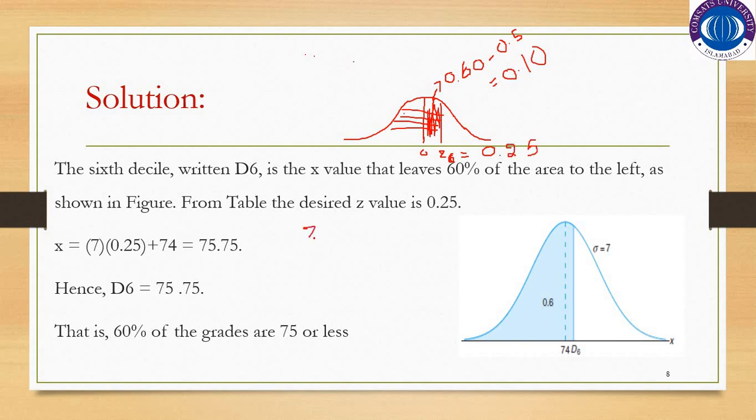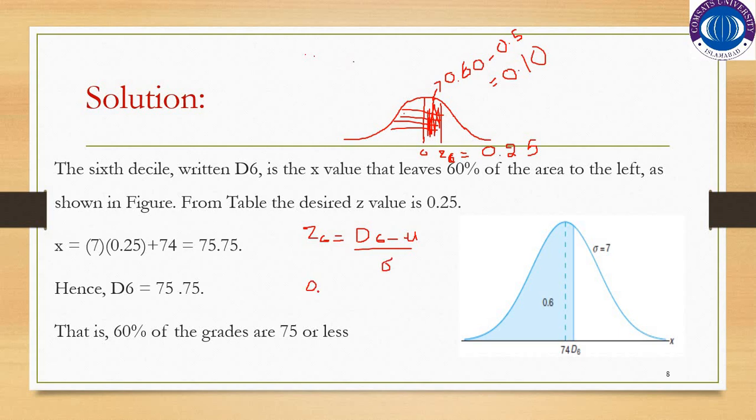By substituting it, Z6 is equal to D6, as we want to find D6, minus mu over sigma.